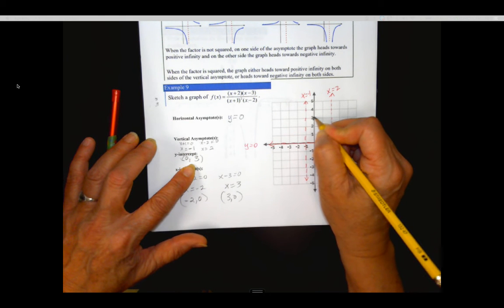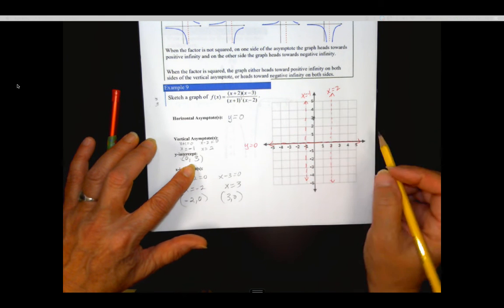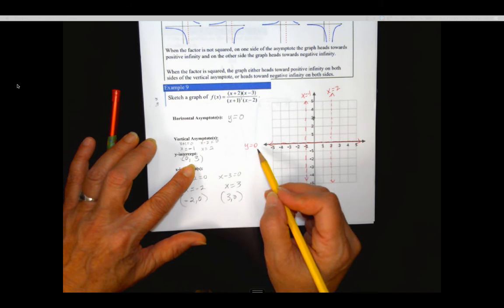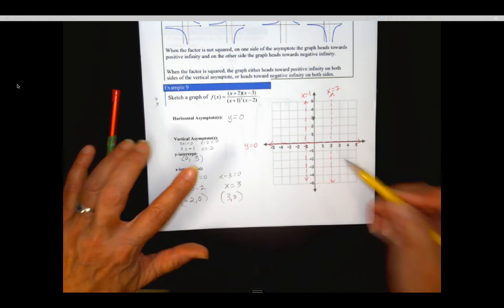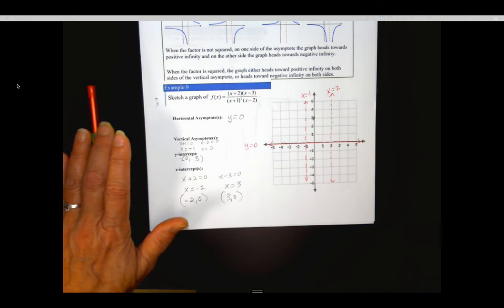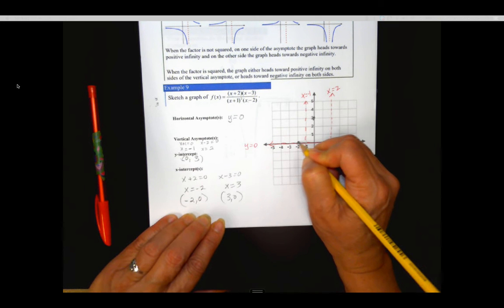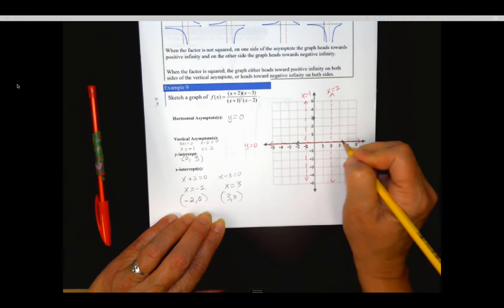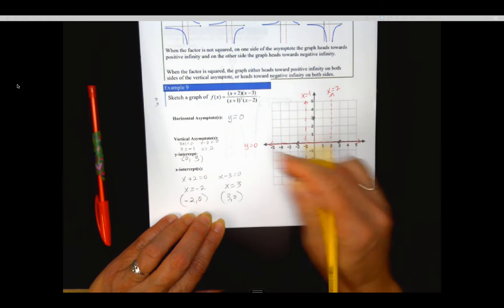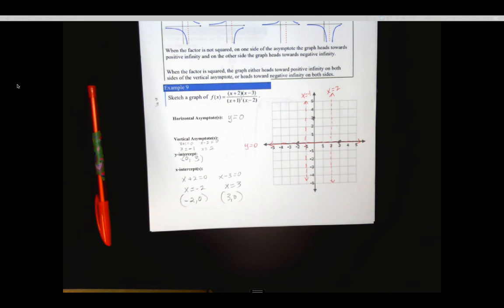And then I know that the x-intercepts are at -2, 0, and 3, 0. And there are essentially 3 parts to this graph. So now we can just grab some extra points and sketch this in if we wanted to.